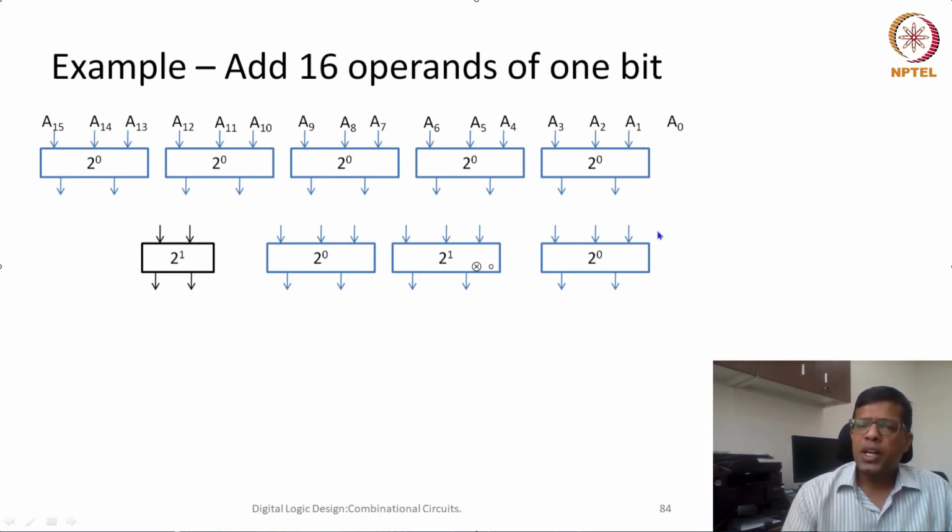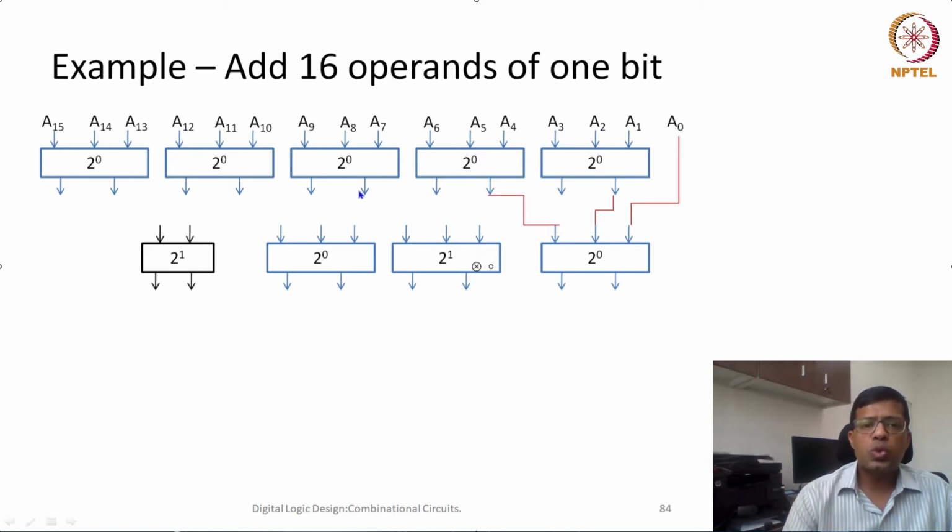So for this particular full adder, I can take A0 as one of the inputs. Similarly, this is also 2's power 0 place, so I can add this as a second input, and this is also 2's power 0 place, so I can add this as a third input.